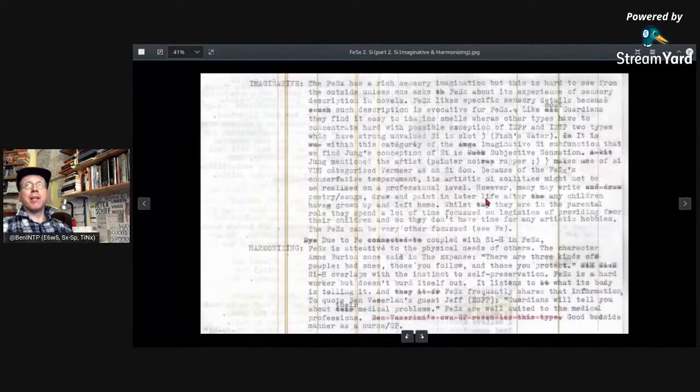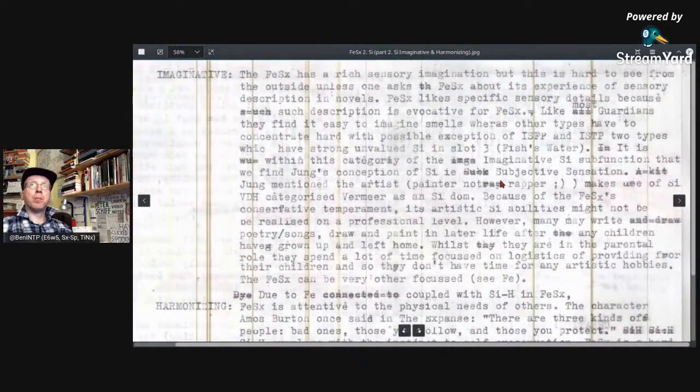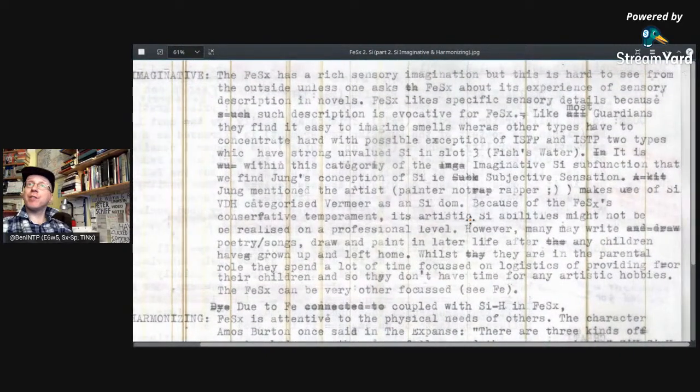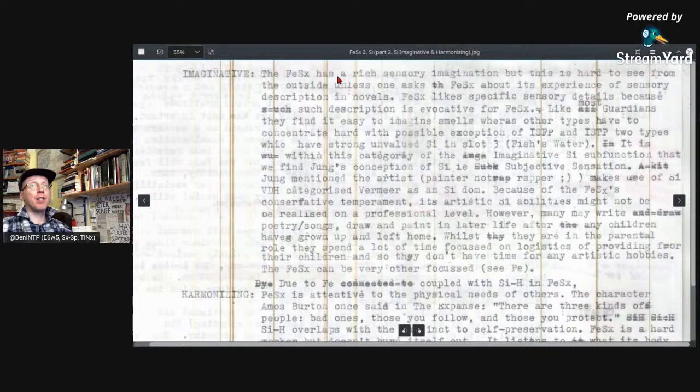The imaginative, not so much, because it's very internal. And like I said, you have to ask them about their experience of reading novels without leading them too much. Get them onto the subject of description and what they like, and they tend to like rich sensory detail. Why? Because they can imagine it very well.